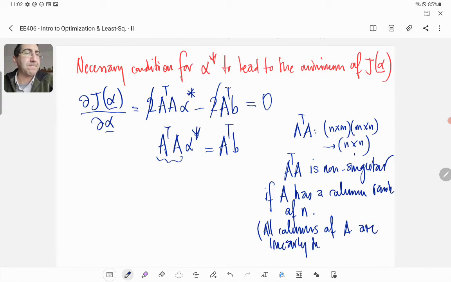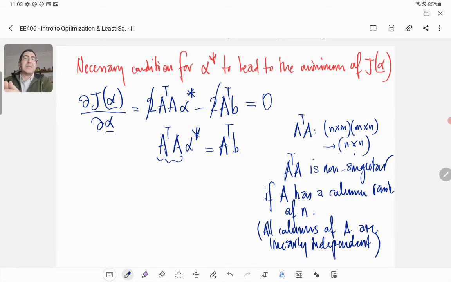So proving that A transpose A is actually non-singular if you have linearly independent columns is actually not very easy with the current given knowledge that you have, but it's a topic again of EE 501. Okay, but remember what that means.